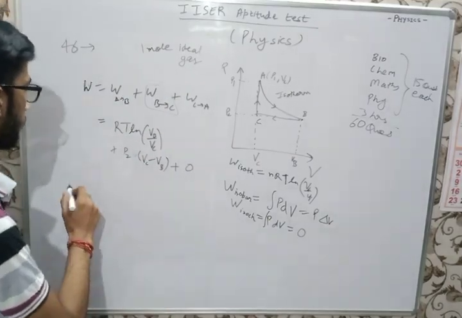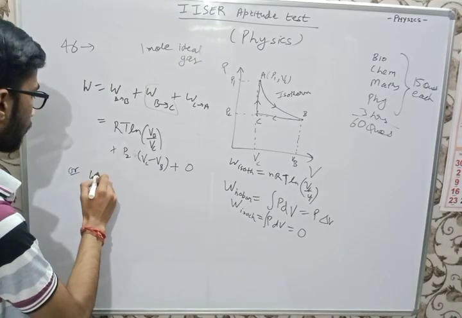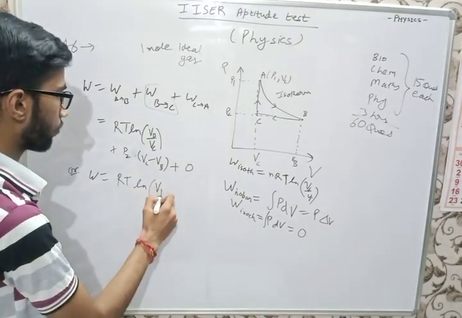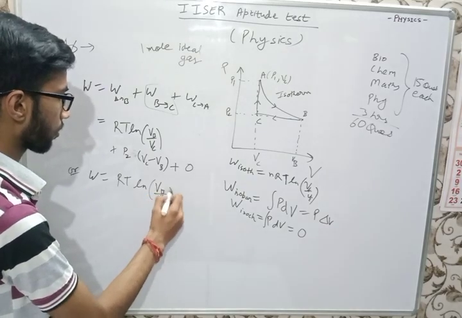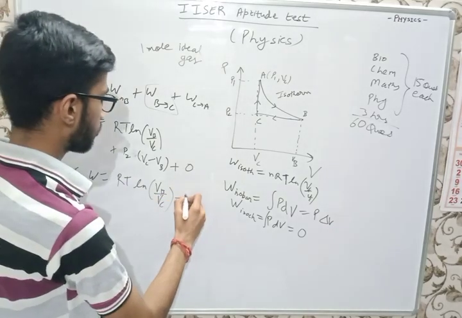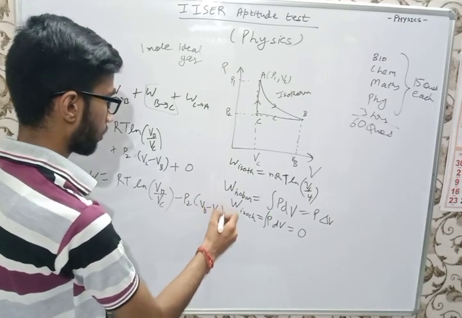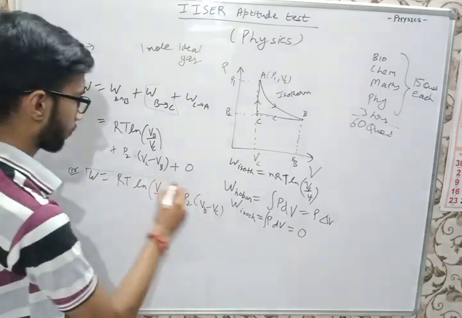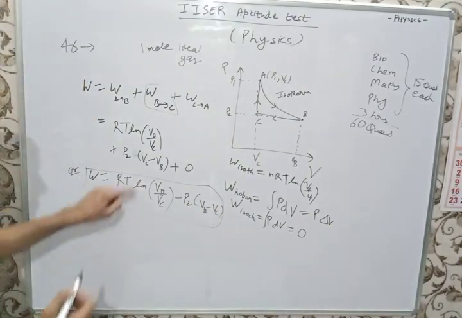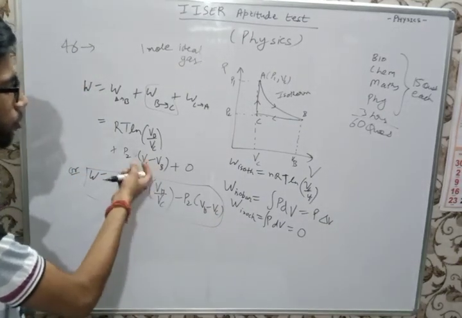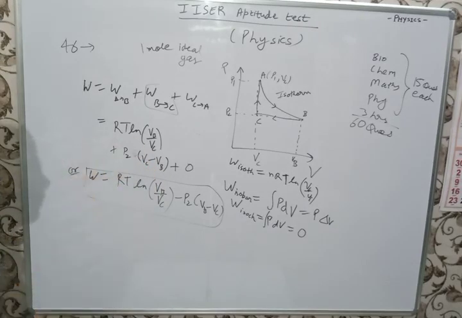Or you can write it as W equal to RT ln Vb over Vc minus P2 times Vb minus Vc. It is the answer. I have taken the negative sign common because Vb is greater than Vc.